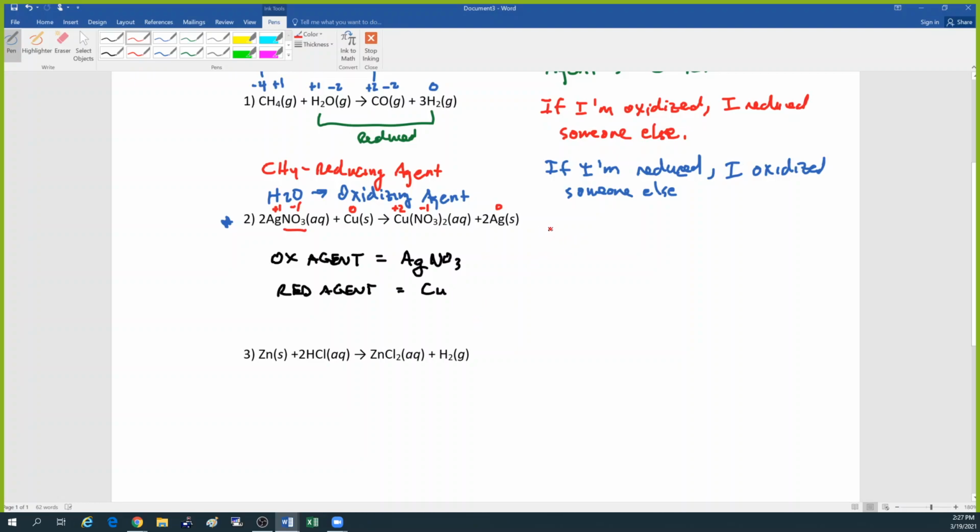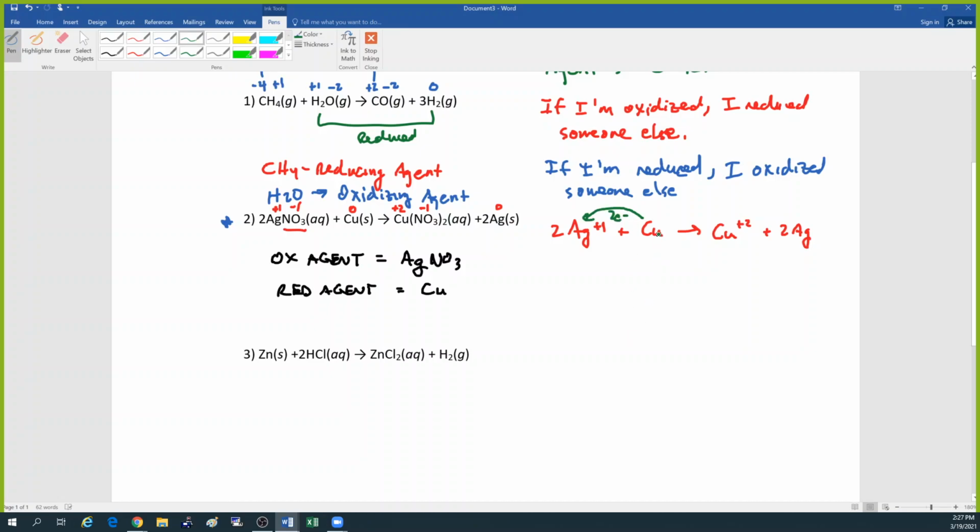So really, the net ionic equation here is that 2 silver ions reacted with copper metal as a solid. Electrons were taken from copper and added to silver. That caused the copper to dissolve as copper ions and the silver to plate out as solid silver. So the basic movement of electrons was in this direction. And it was a total of 2 electrons transferred.